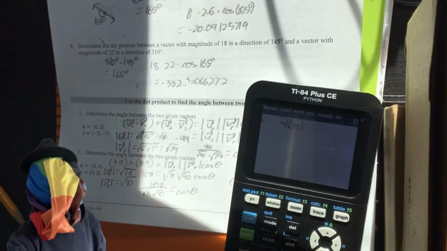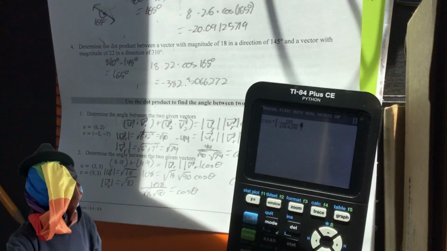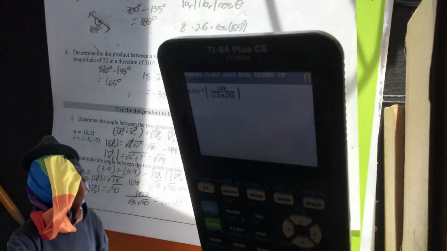Okay, so it just keeps erroring out. Let's see, we'll check everything. 108.